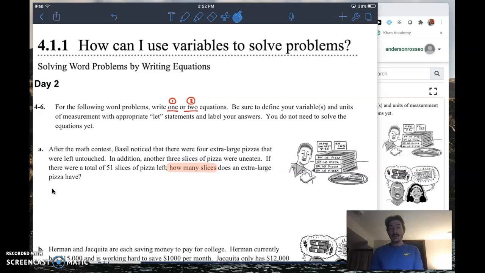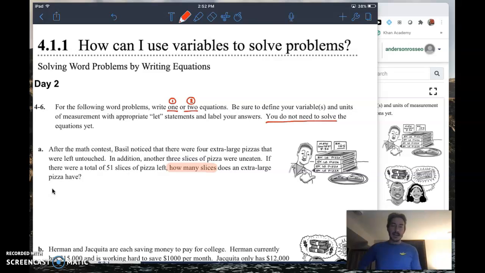I'll try to define my variables, the thing that I'm solving for, using some let statements. But problem 4.6 calls out that I do not need to solve these equations. There is one we're going to solve in a future problem, but we'll get there in a moment.